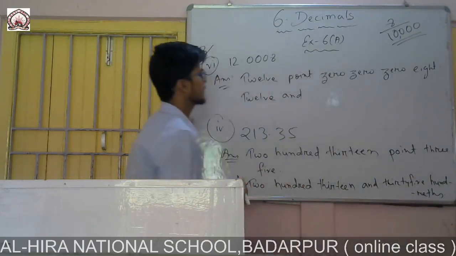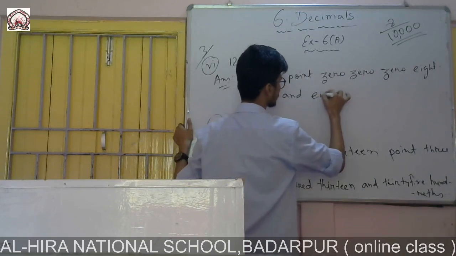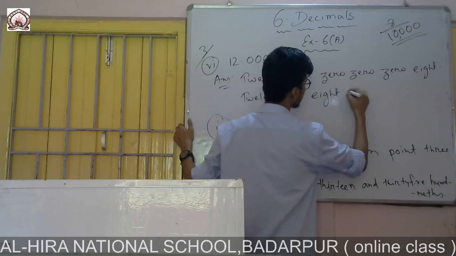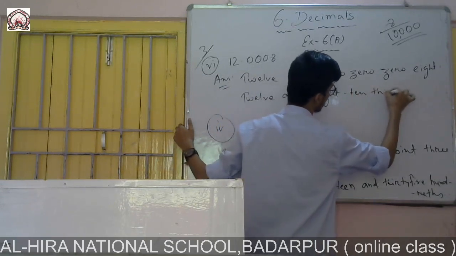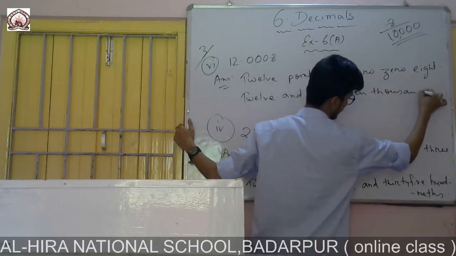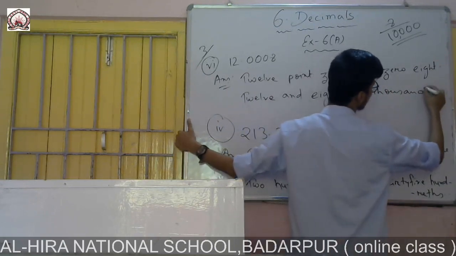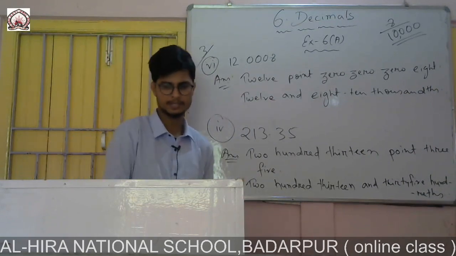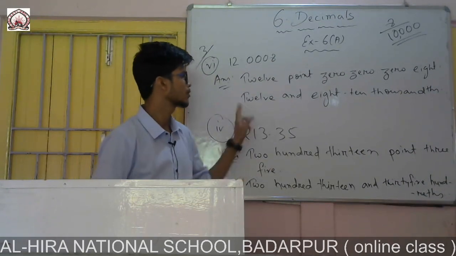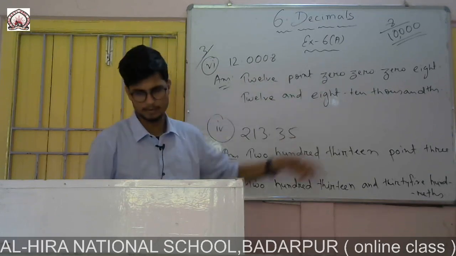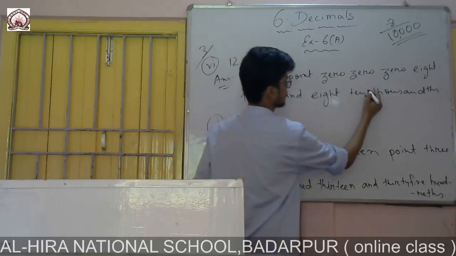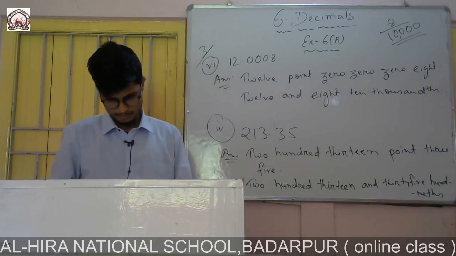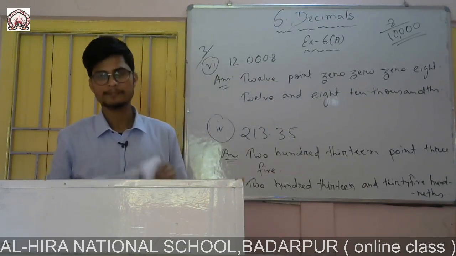So 8 ten thousandths, 12 and 8 ten thousandths. Okay, you can give it here.